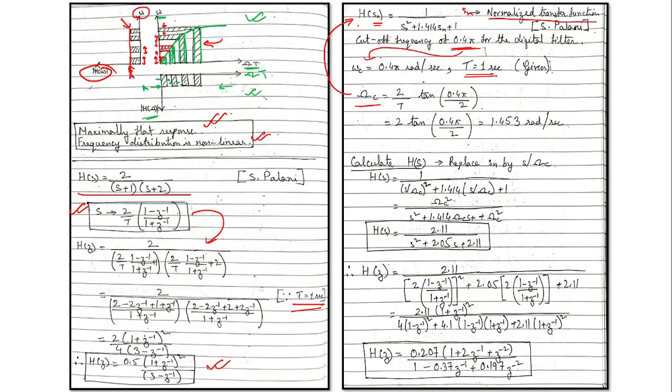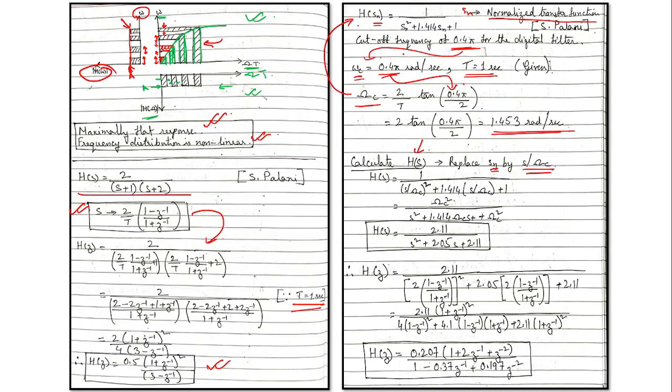Now we have omega c equals 2 by T tan of omega c by 2. You just solve it and you get the analog frequency 1.453 radians per second. Now to calculate Hs, we have to replace Sn by S by omega c.